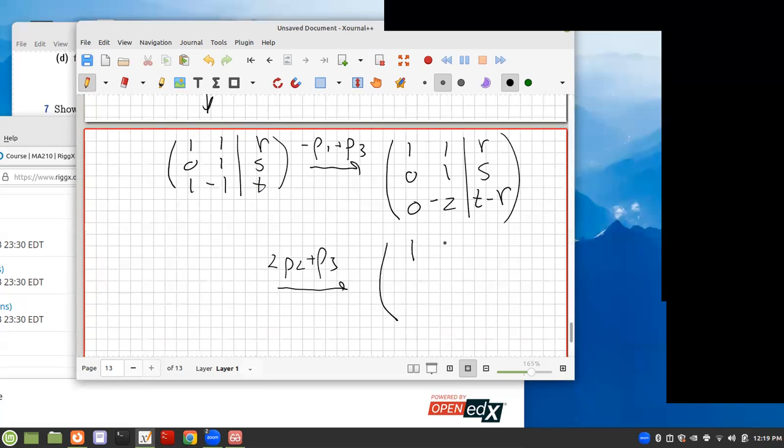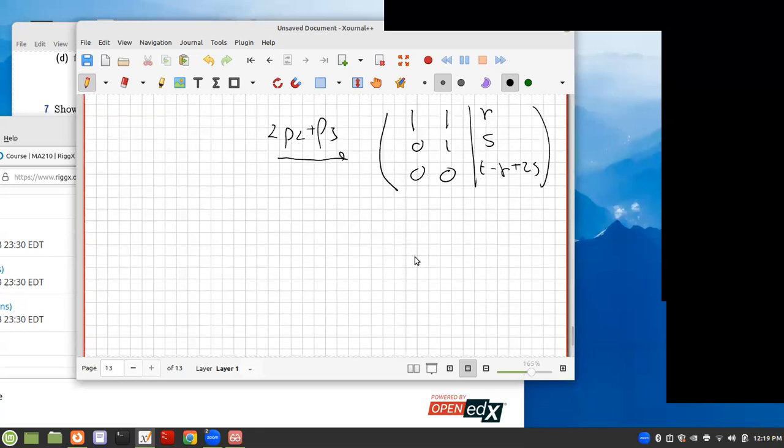So we'll have 1, 1, R, 0, 1, S, and then 2 plus minus 2 is 0, and we'll have T minus R plus 2 times S.